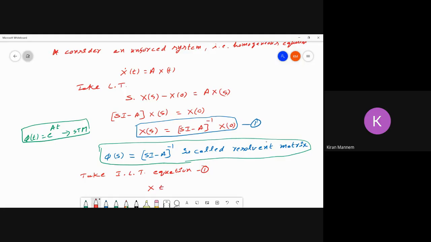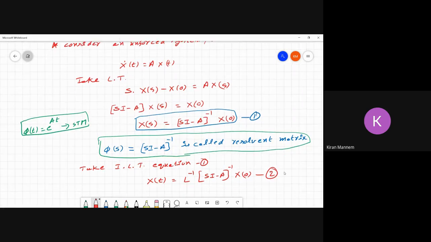So x of t is equal to L inverse of sI minus A inverse into x of 0, right? Let it be equation number 2. Now we'll compare this solution using Laplace transformation and your time domain approach.